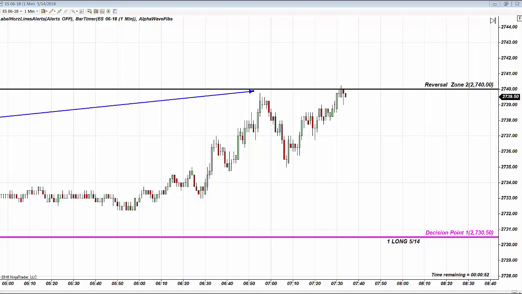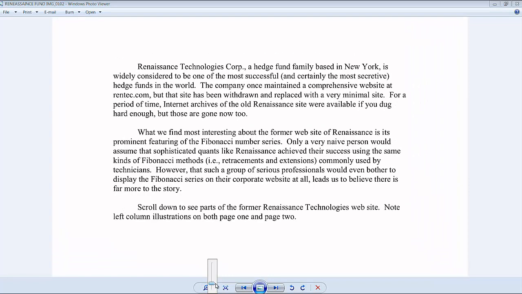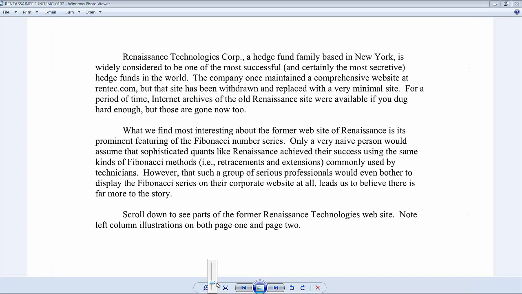Here's a reminder about one of very few people on Wall Street I admire. I highly encourage you, please Google and learn about Renaissance Fund. One of the top funds in US based on Fibonacci, found by mathematician.